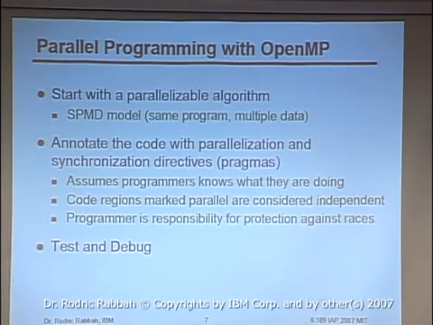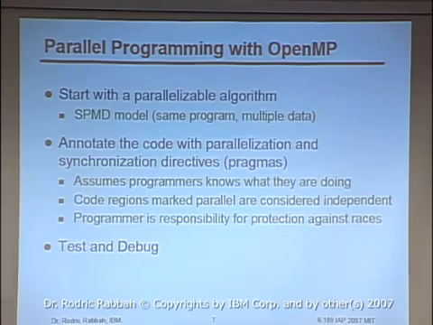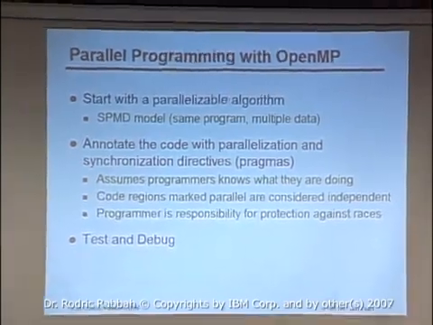Now, in OpenMP, there are some limitations as to what it can do. It assumes that the programmer knows what they're doing, and the programmer is largely responsible for getting the synchronization right, and for protecting dependencies correctly if they're sharing. So you can take your program, insert these annotations, and then go on and test and debug.